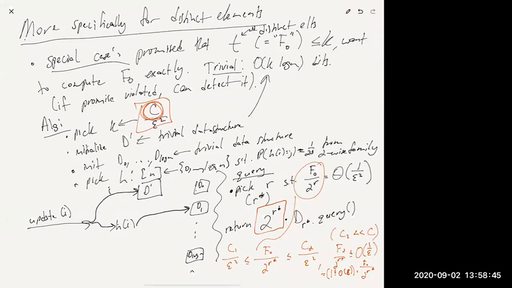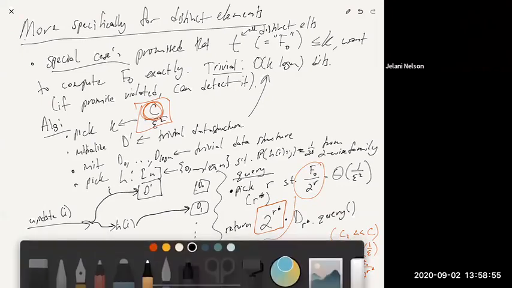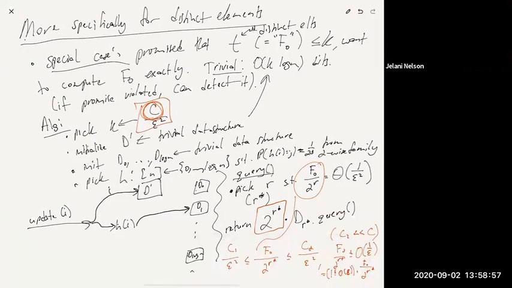What's D prime doing? Yes. I should have written it down, but the first thing we do during query, I'll put it right here, is we first check D prime.